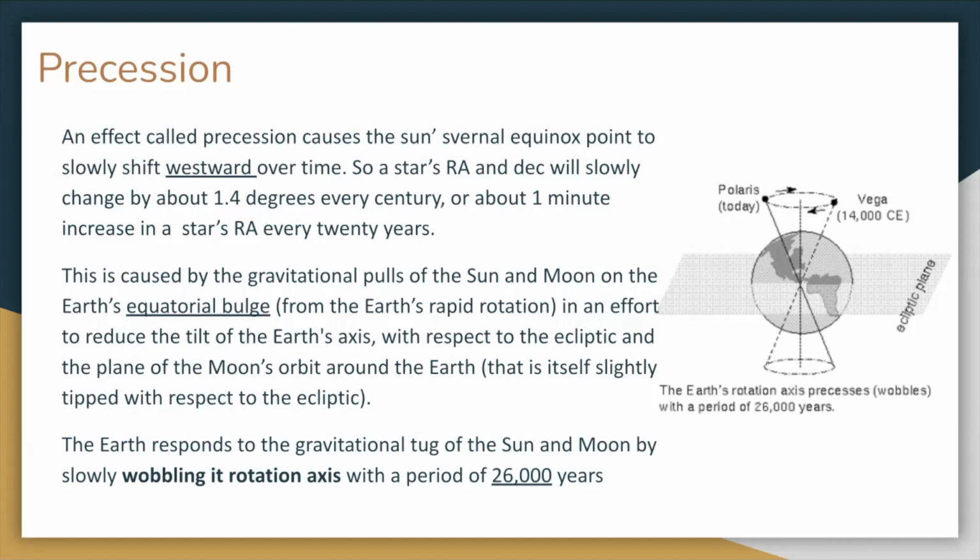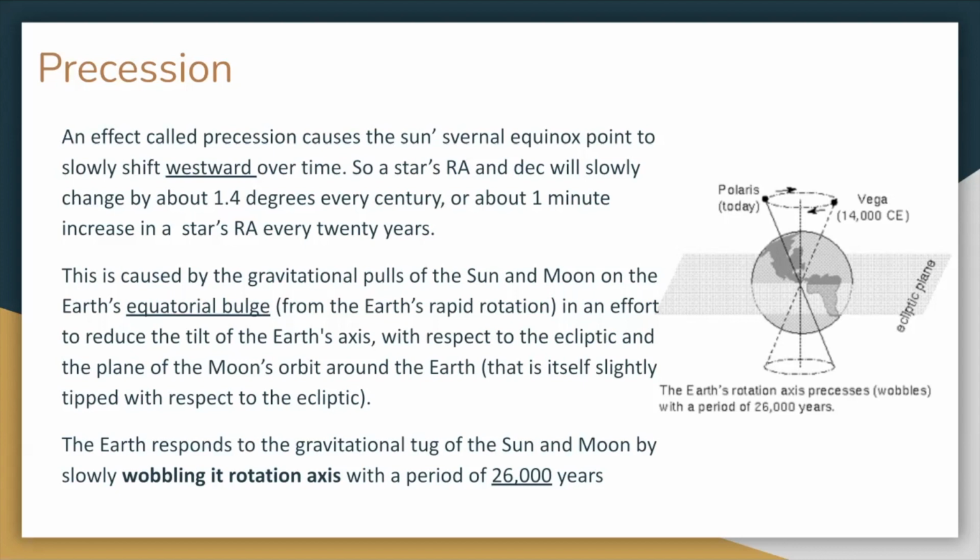The moon's orbit is slightly tilted with respect to the Earth. So the moon kind of orbits the Earth more like this, rather than like this in a flat plane. But we'll talk more about that when we talk about the moon.